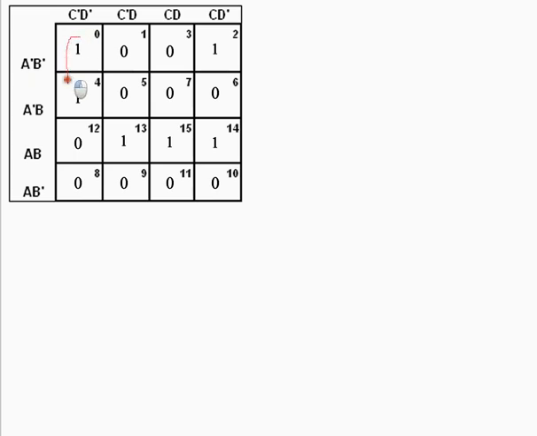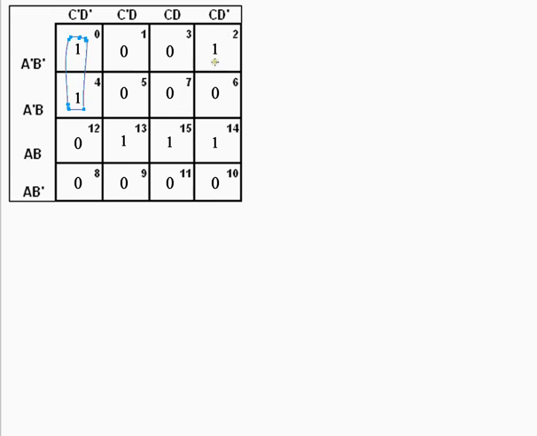This term right here is one that you have to take. This one is an implicant. It is also a prime implicant, because there is no bigger term that contains this one. So that's a maximal term, so that's a prime implicant.